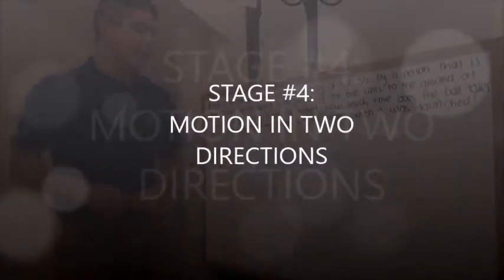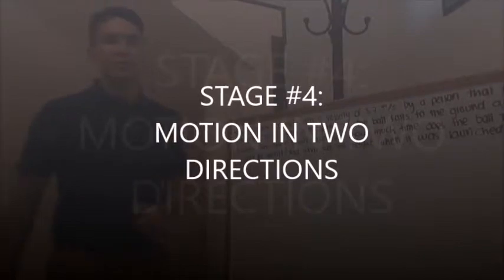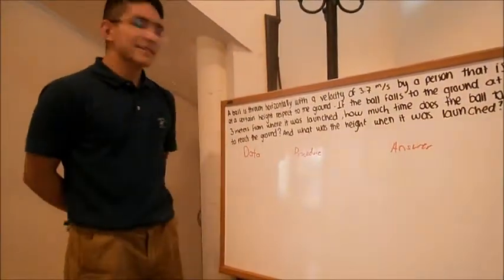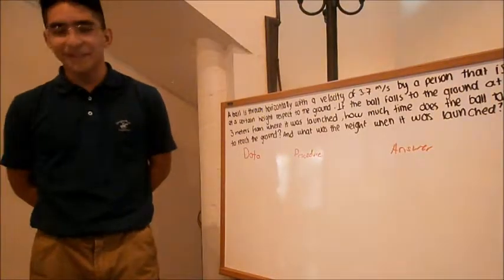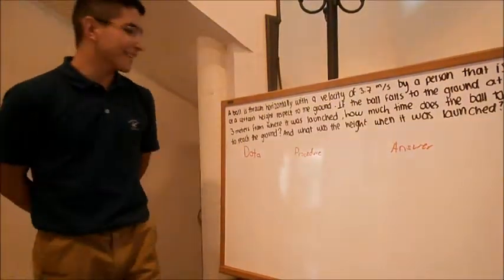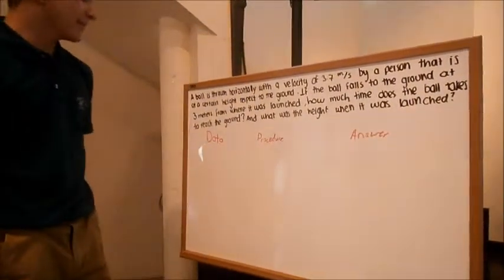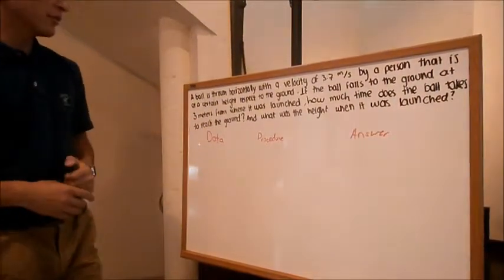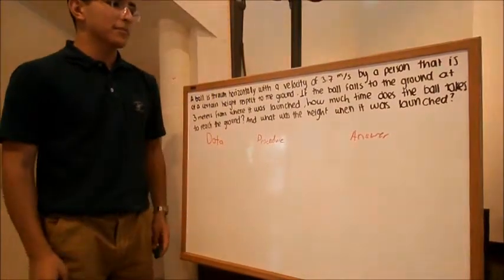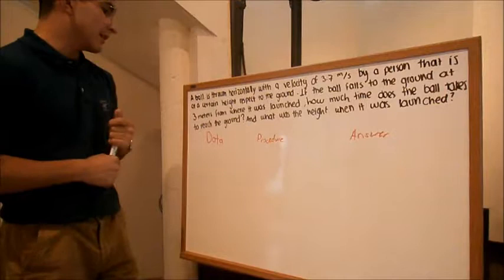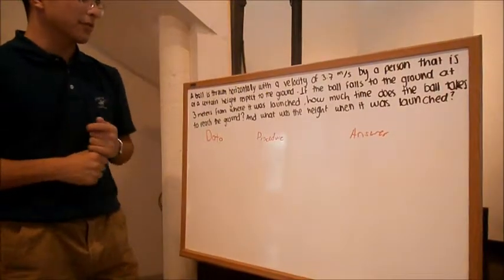Okay, today I'm going to talk about stage 4, which is one problem of this topic, horizontal motion. The problem says a ball is thrown horizontally with a velocity of 3.7 meters per second by a person that is at a certain height with respect to the ground.